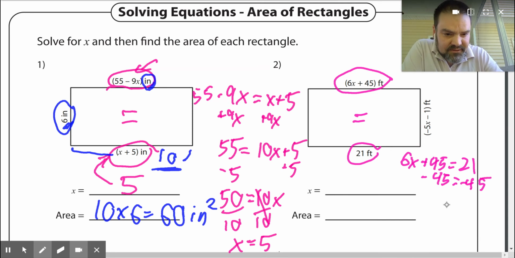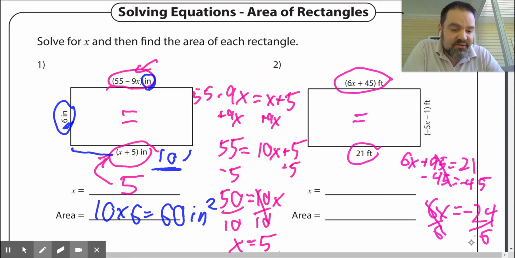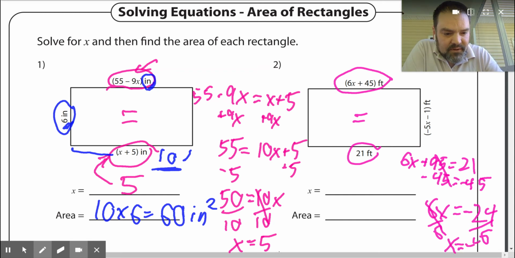Okay, looks like that is going to give us some negatives, but let's not panic. It'll work out in the end. 21 minus 45 is going to be negative 24. So 6x equals negative 24. Can divide both sides by 6. 6 goes into 24 4 times. So because this is negative, it's going to be negative 4. x is equal to negative 4.